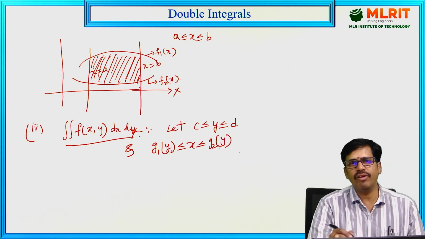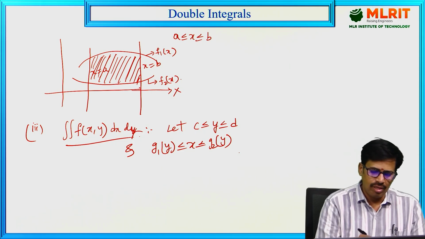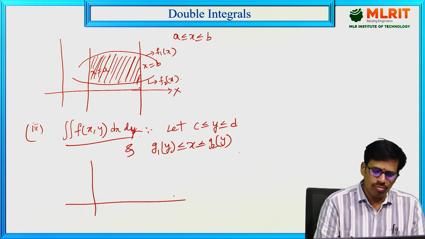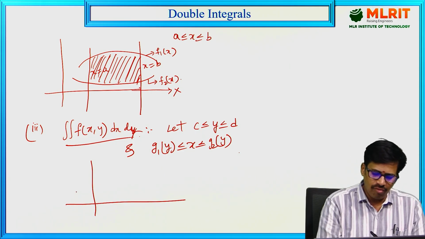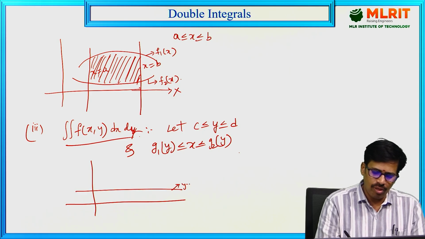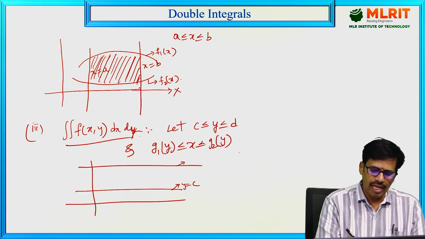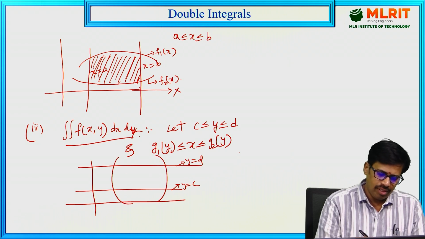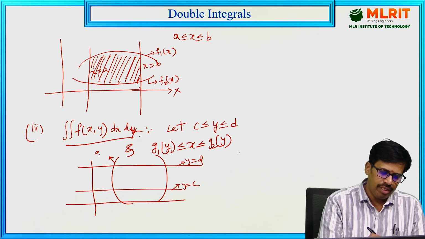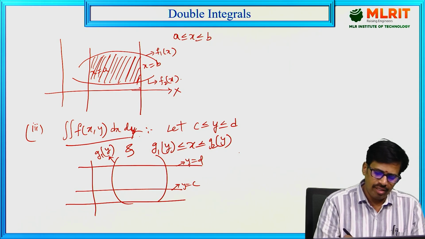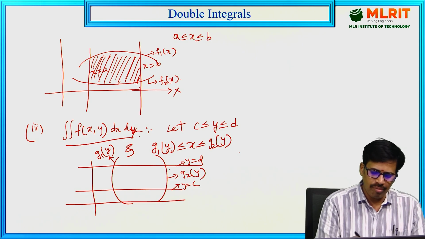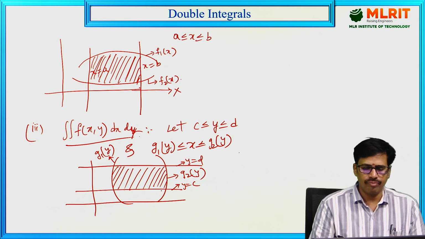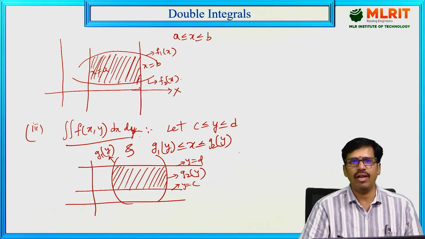Now x is a variable limit and y is having constant limits. To evaluate this double integral, how to denote this? So y equal to c is this line, this is the line y equal to d, and this is the curve which is given by g1 of y, and this curve g2 of y. So between these two curves and between these two lines, we have to find the area. This is given by this. So in these three different cases, we evaluate the double integral.